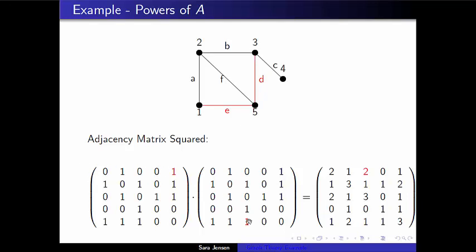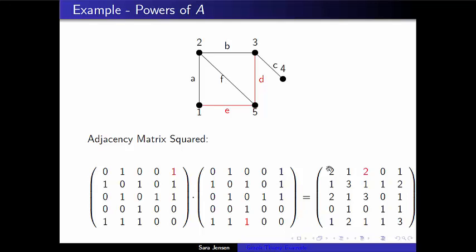So each time we get a 1, it's coming about from having an edge here and an edge here. And so this number 2 right here is representing the number of length 2 paths from vertex 1 to vertex 3. And that's true of all the entries that you're seeing in this matrix.